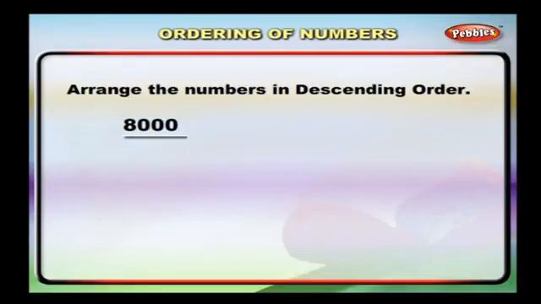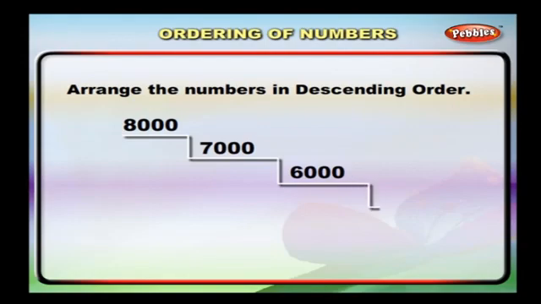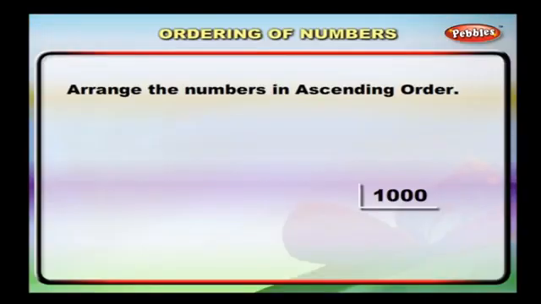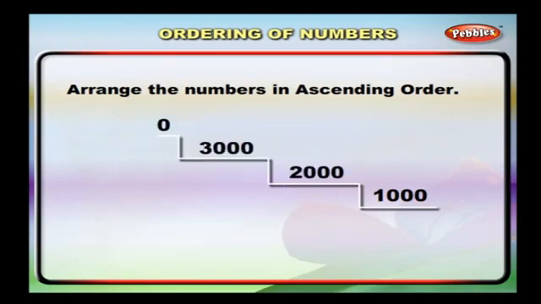Example is 8,000, 7,000, 6,000, 5,000, and so on. When the given numbers are arranged from the smallest to the greatest, it is called the ascending order. Example for this is 1,000, 2,000, 3,000, 4,000, and so on.